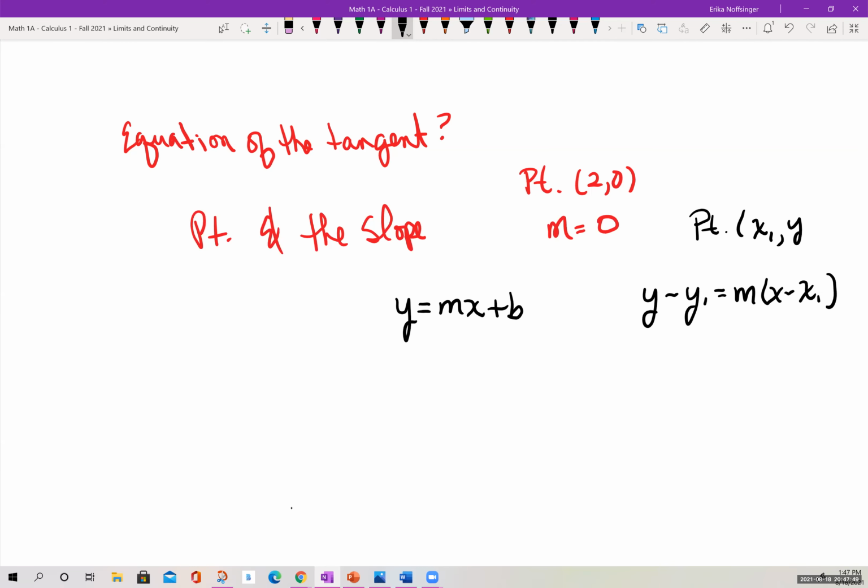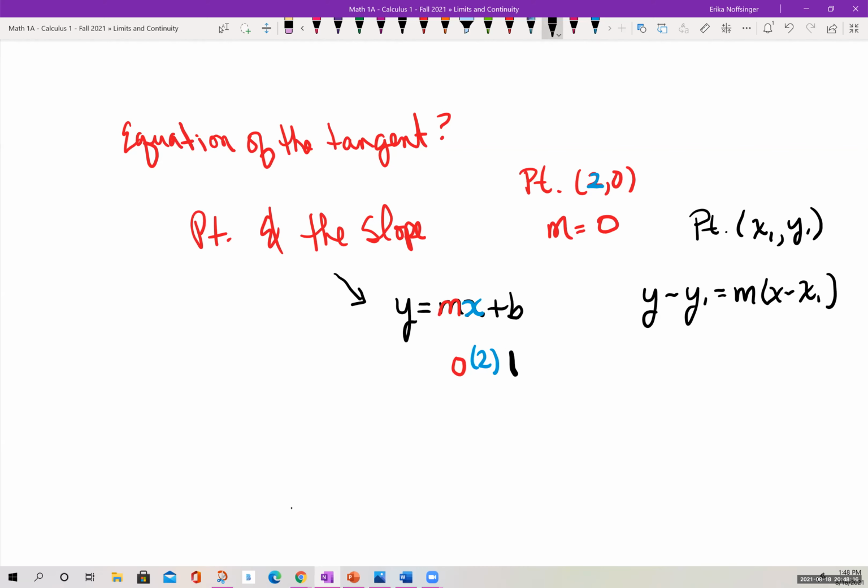I think that's harder because I like things better in slope intercept form. It's just easier and faster to graph. So we can plug in our slope. We know what our slope is, right? That was 0. We're plugging in our x value of our point, which was 2.